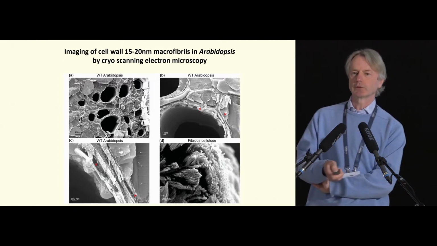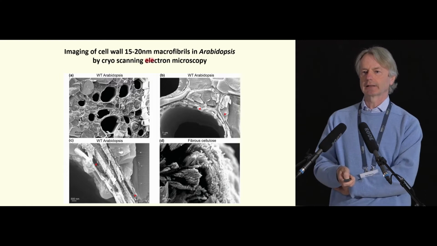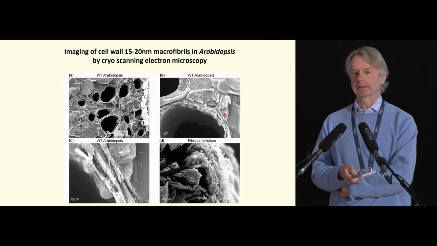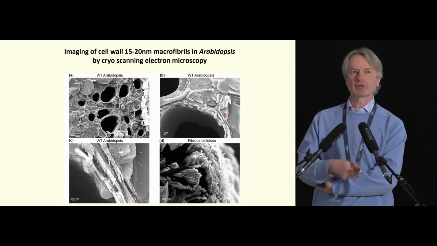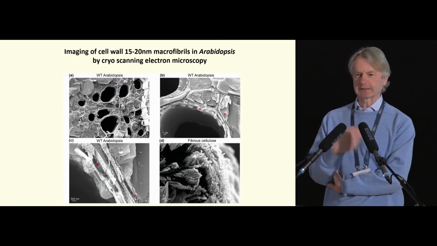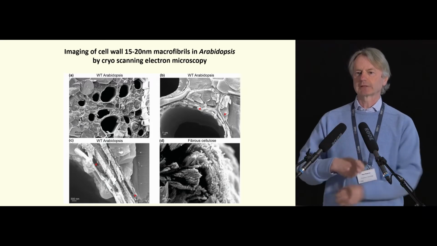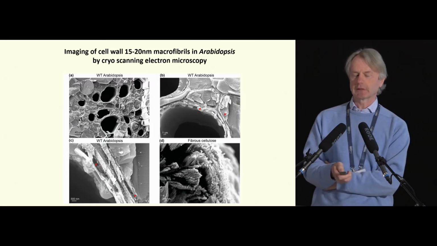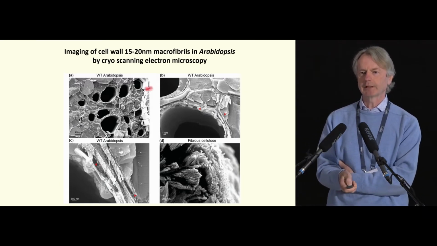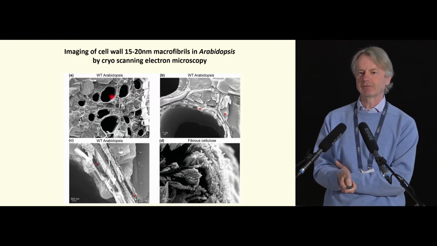So we used this cryo-scanning electron microscope in the Sainsbury lab in Cambridge, where we take fresh Arabidopsis stems and snap freeze them, and then fragment them, just snap them, and look at the surfaces of the cell walls. And here in our model plant, Arabidopsis, you can see vessels, and they're surrounded by fiber cells.